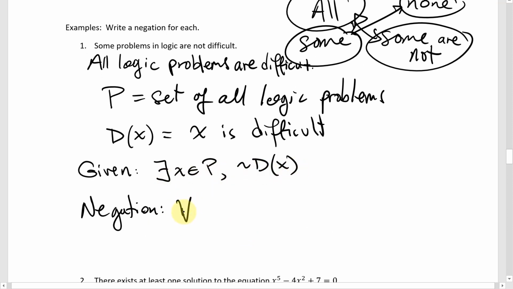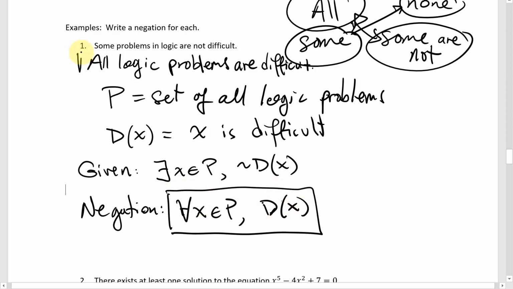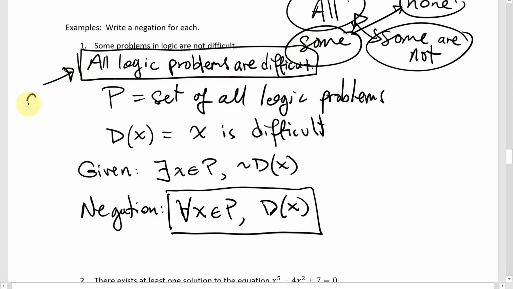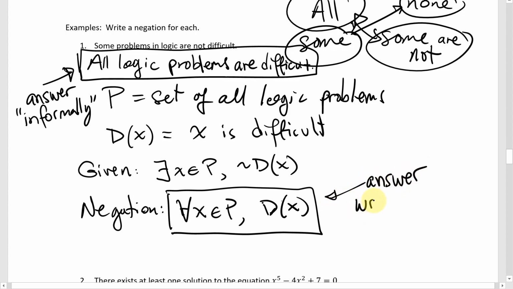We would say for all X, all problems in the set of logic problems, the logic problem X is difficult. D of X is true. So the answer is written two different ways. This is the answer informally, in everyday language. And this is the answer written formally.